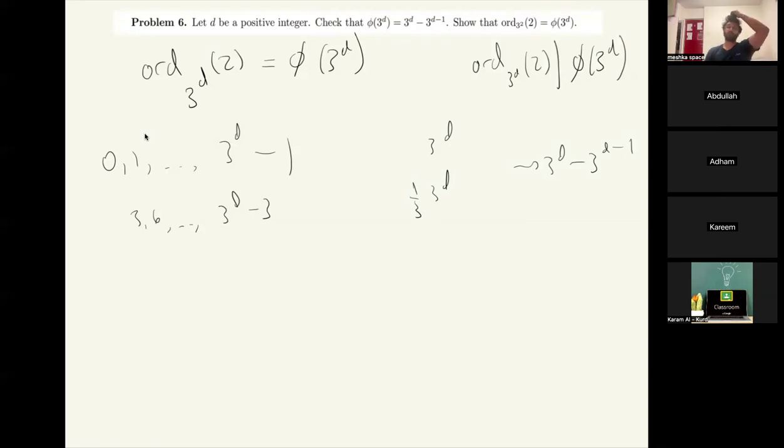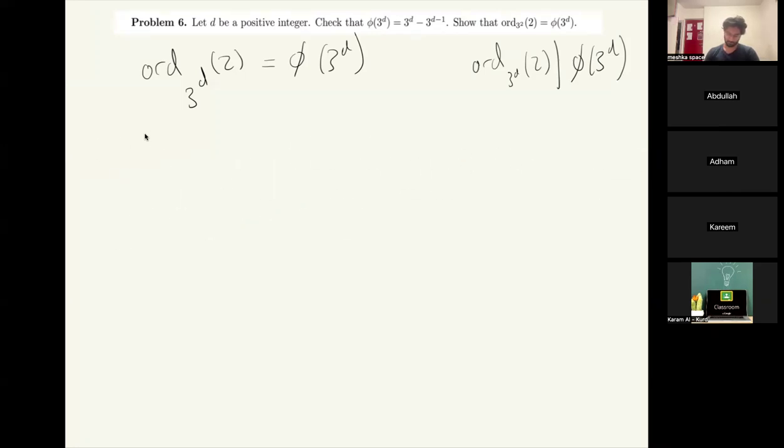Okay, so that was how you calculate the totient, a kind of standard calculation. But now how do we show that the order of this is exactly 3 to the d minus 3 to the d minus 1? Let's check some cases.